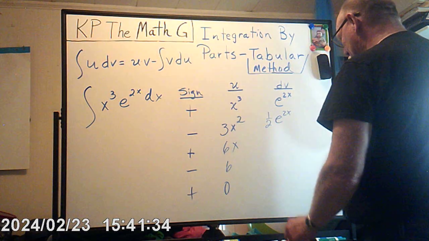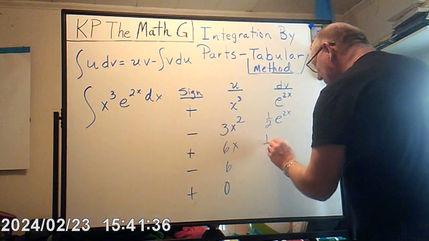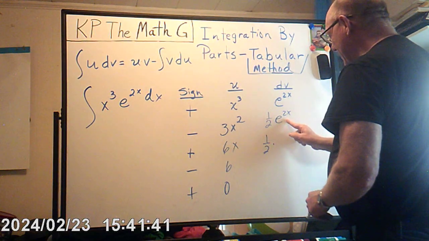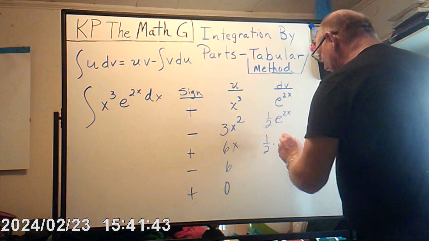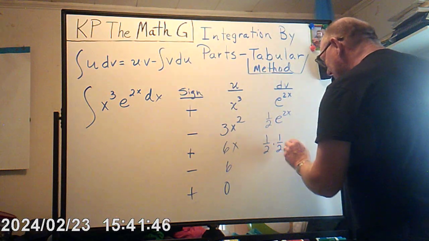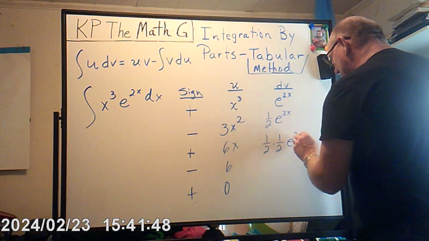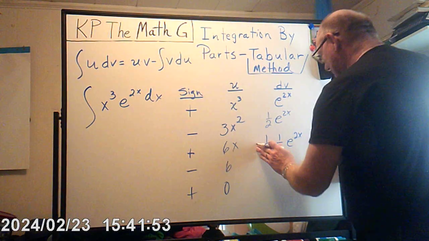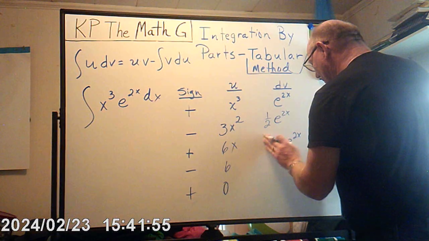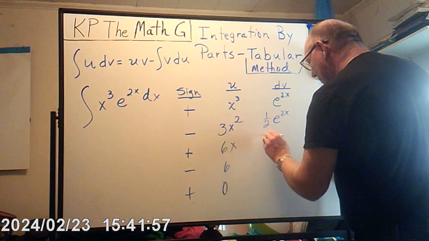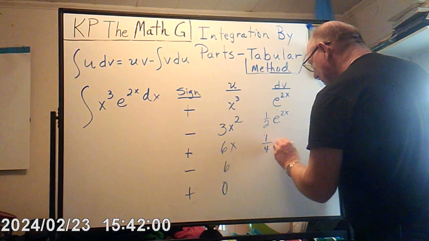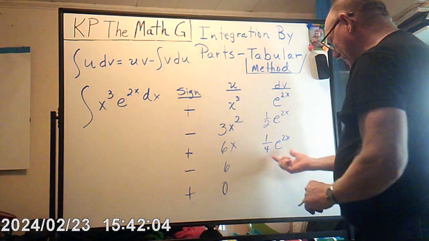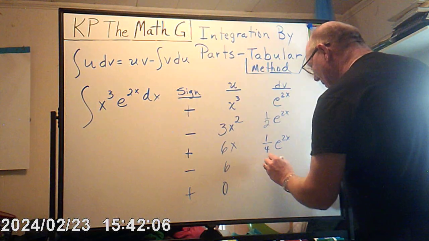So this is 1/2. If I integrate it again, that will be another 1/2, so 1/2 times a half is 1/4, e to the 2x. If I take it again, this is going to be 1/8.